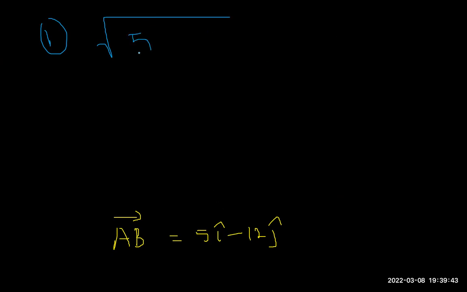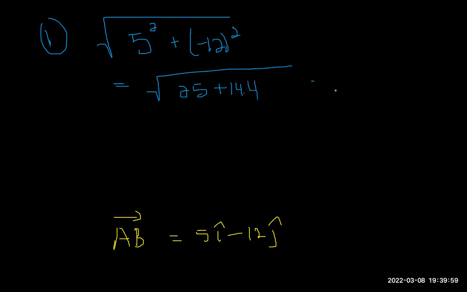So that would be 5 squared plus minus 12 squared, which would give me 25 plus 144, which should be 169, and the square root of 169 is 13.